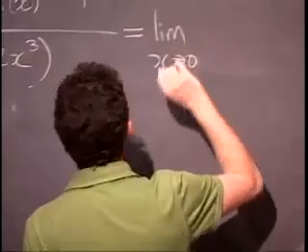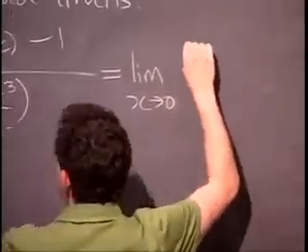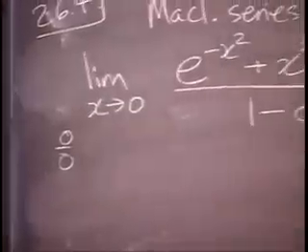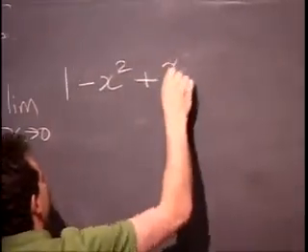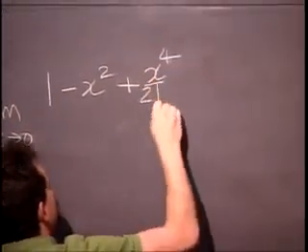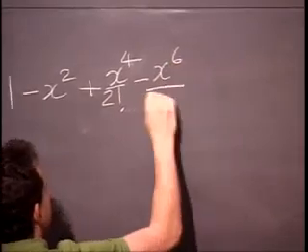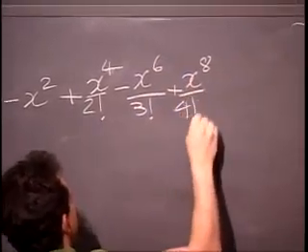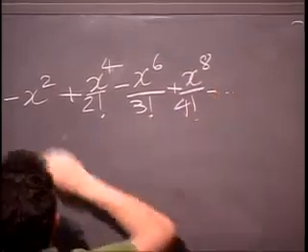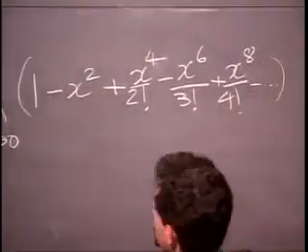You'll see that you don't need as many, but e to the minus x squared is going to be 1 minus x squared plus x to the 4th over 2 factorial minus x to the 6th over 3 factorial plus x to the 8th over 4 factorial, and so on. So that's the e to the x term.